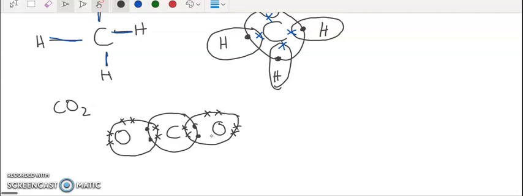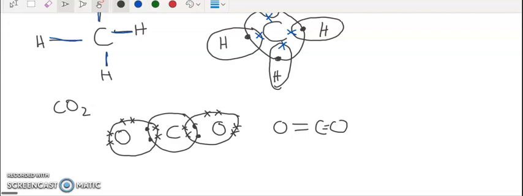So oxygen has eight electrons, carbon has eight electrons, and this oxygen has eight electrons. And because there are two electrons being shared in between them, it becomes a double bond. So O double bond C double bond O, or in other words, oxygen double bond carbon double bond oxygen. And this is how you would do a dot and cross structure for covalent bonds.